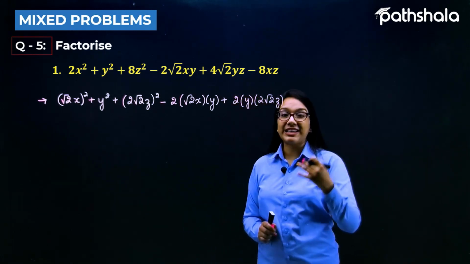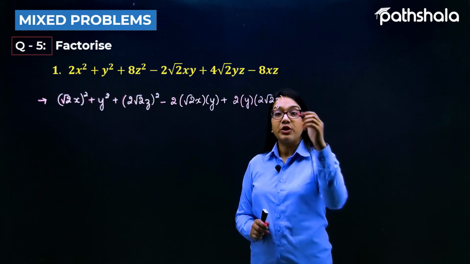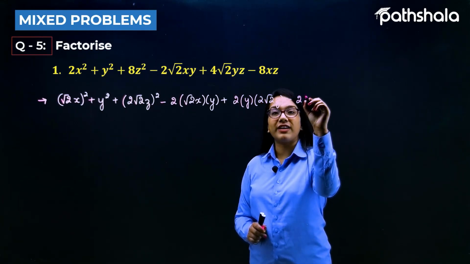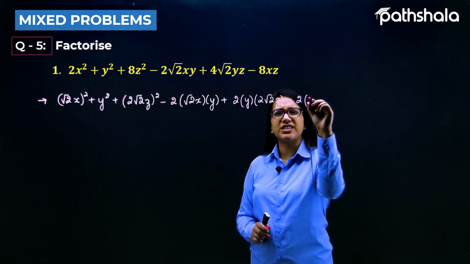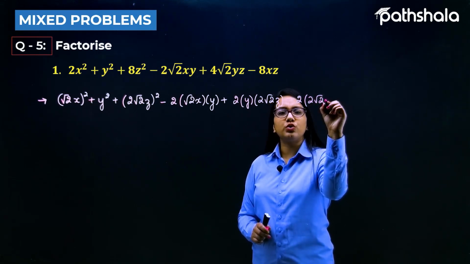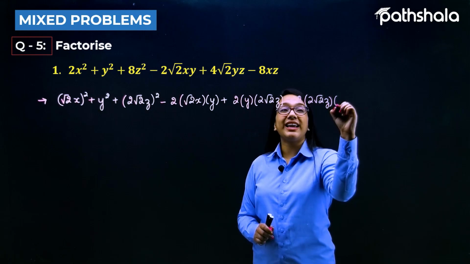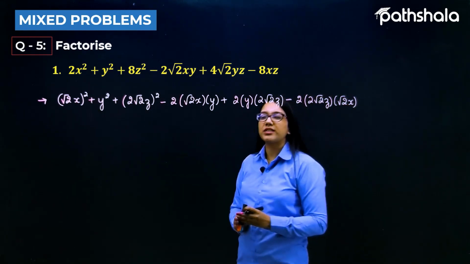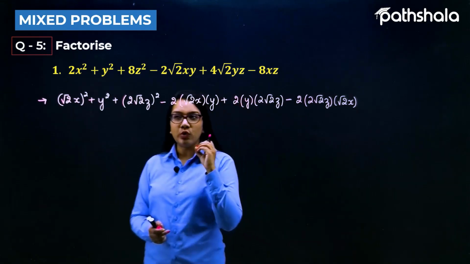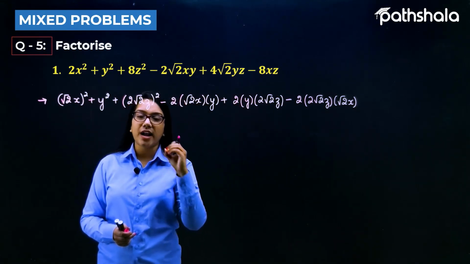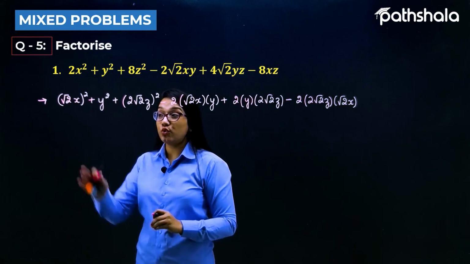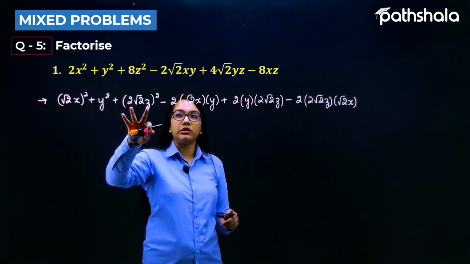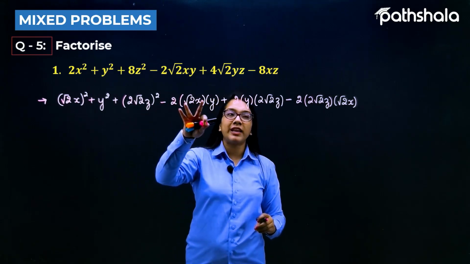Further we have minus 8xz. So we can write it as minus 2, and we have z first, so we write z as 2√2z and we can write x as √2x.